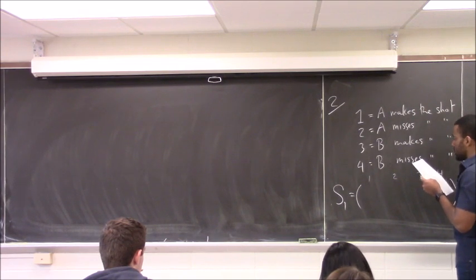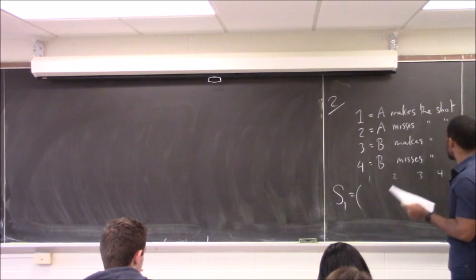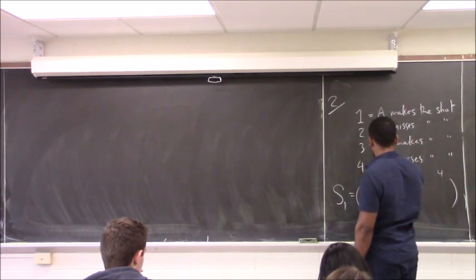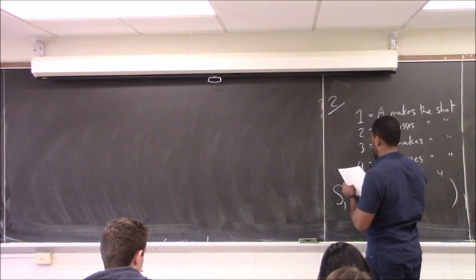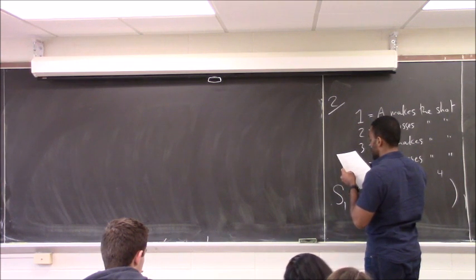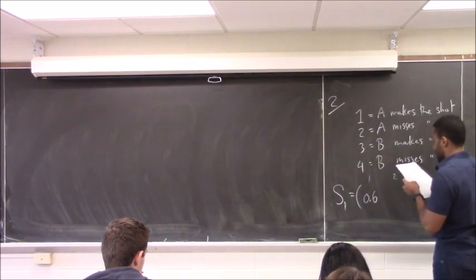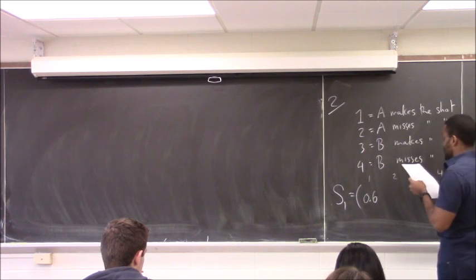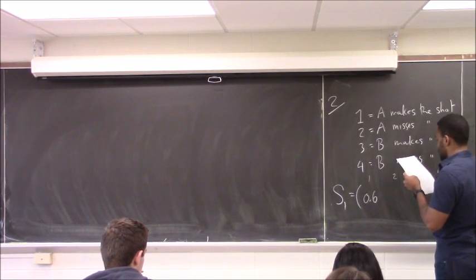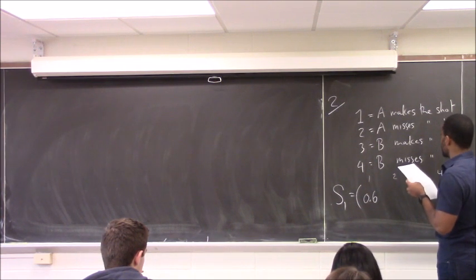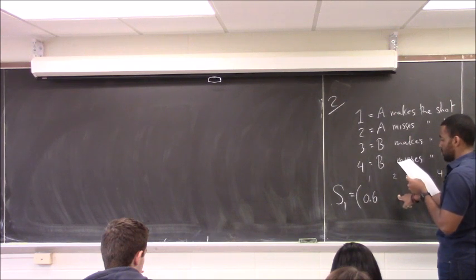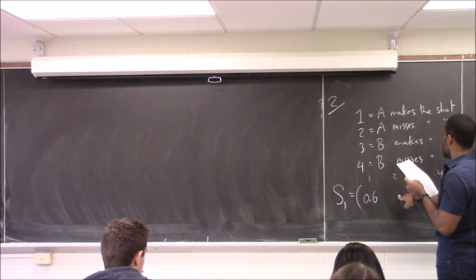Well, there's a 60% chance that player A is going to make the shot, and if he makes the shot, he goes again. So it'll be in this. If A misses the shot, so we're in state 2, according to the rules, B is going to go.